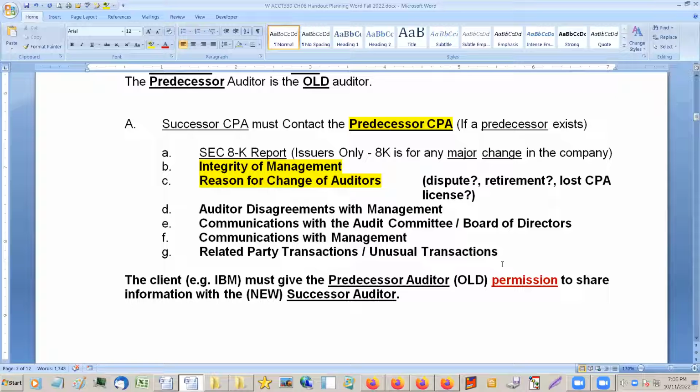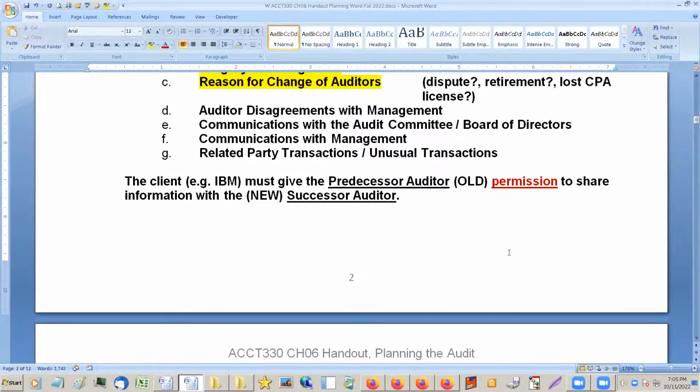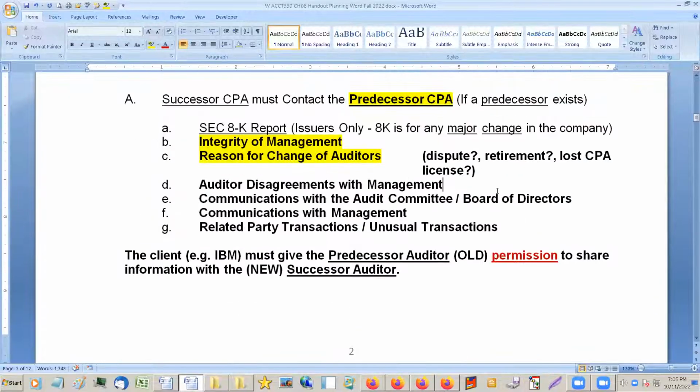Now, suppose the client says, look, that previous auditor, those guys are just a bunch of jerks. I don't want you talking with them. If it costs a little bit more money, that's fine, I'll pay the extra money. I don't want you talking to them, they're just a bunch of idiots. Is that a problem or not a problem? If the client does not give permission for you to talk to the old auditors, that would be a problem because they might be trying to hide something.